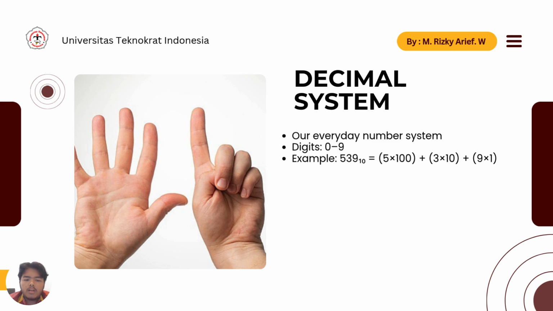That equals 539. That's why we call it the base 10 system. Every position is 10 times larger than the one to its right. We humans use this system naturally because we have 10 fingers, which is why counting with base 10 feels familiar and easy.